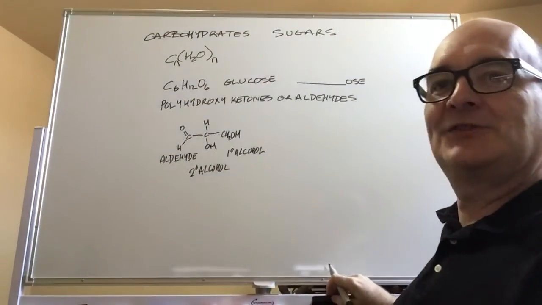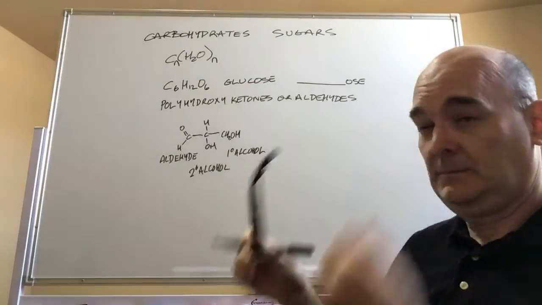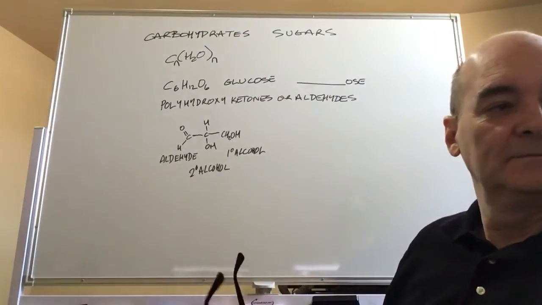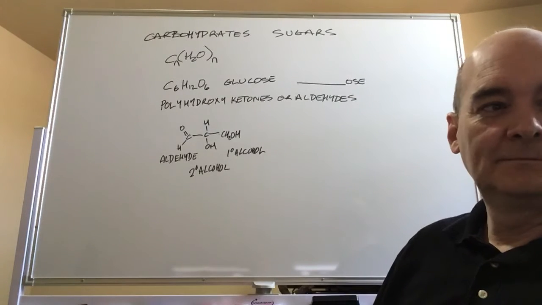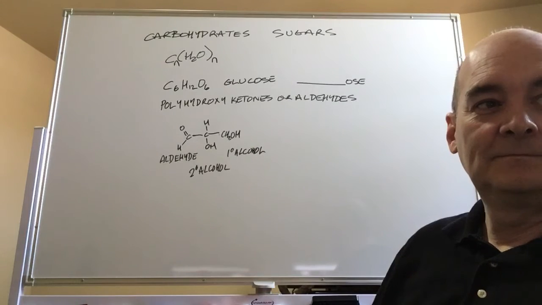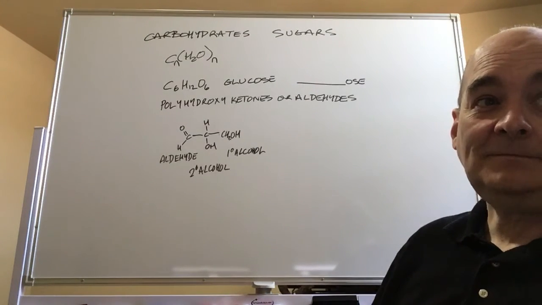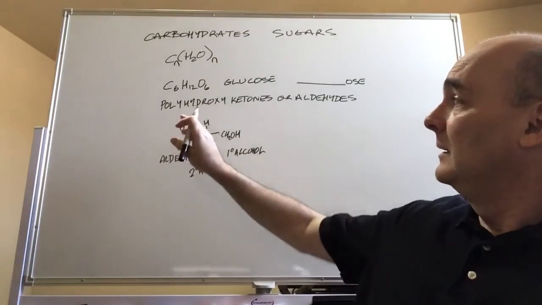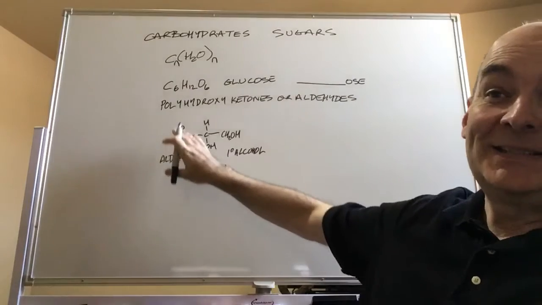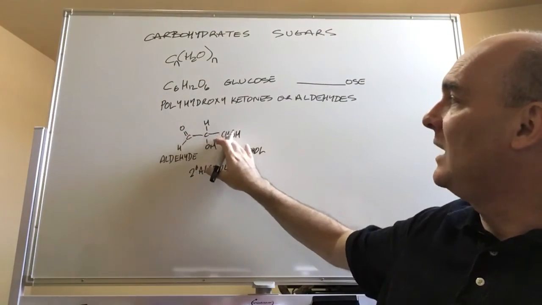Anything special about that secondary alcohol? Is it chiral? It is chiral. This secondary alcohol is chiral, and this is the simplest one that we have, and it only has 3 carbons in it.